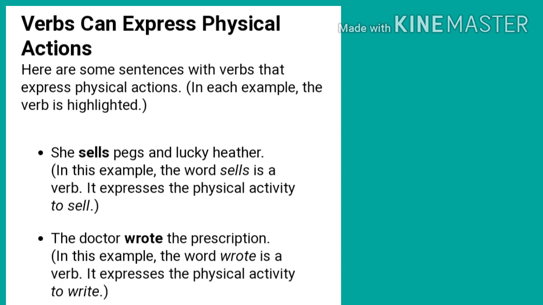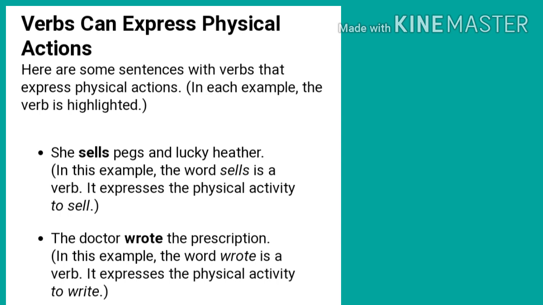First one, she sells pegs and lucky heather. Here the verb is mentioned in bold letters. Second sentence, the doctor wrote the prescription. In these two sentences, we can see that the subject is doing an action physically.